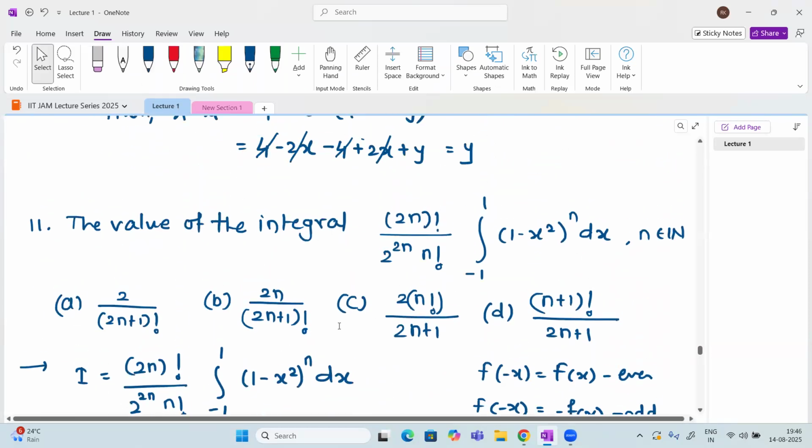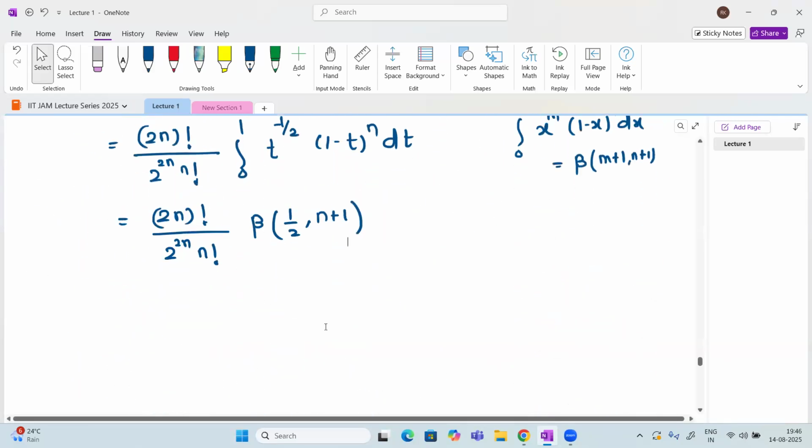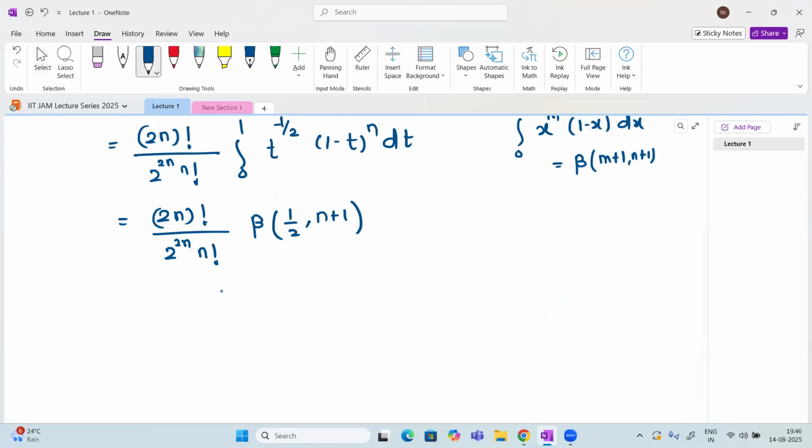Okay, so let us check the correct option. But see, in the options, they have not mentioned beta anywhere, right? That means we are supposed to solve it further. So after that, what should I do? So we have to change to gamma function, to n factorial. So I will use the relation between beta and gamma.